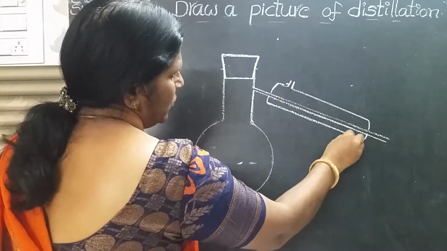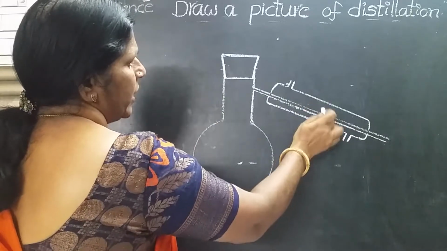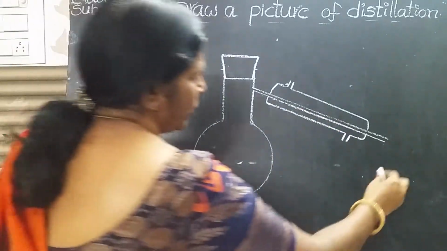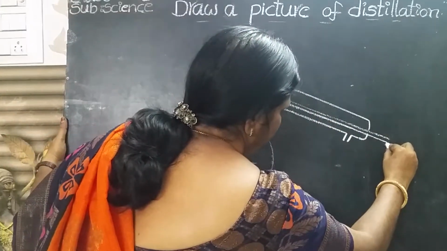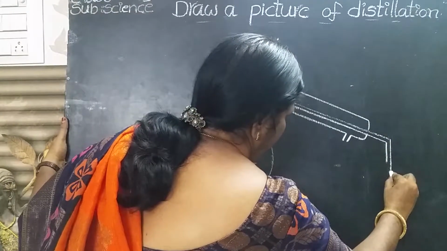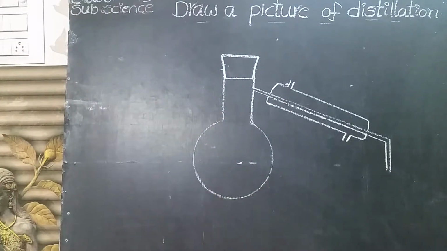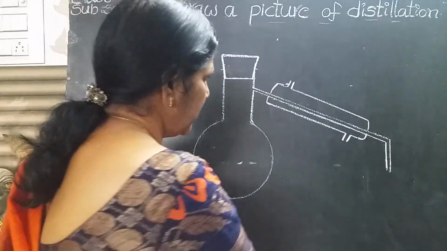This side also water is in and water is out. This is the cool condenser, and also here you have to draw one more beaker. Okay, for the pure water to enter, we have to draw one more beaker.